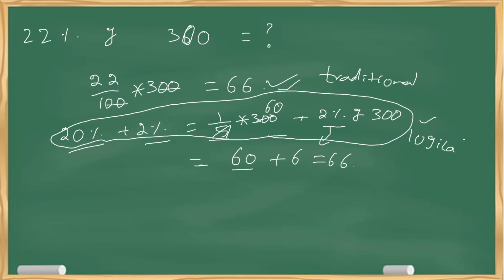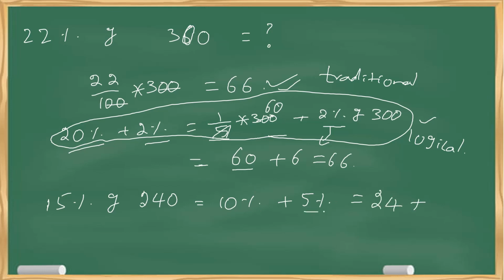Clear? Now a simple thing, 15 percentage of 240. So how to do this very easily? A simple first step, 10 percentage plus 5 percentage. What is 10 percentage? Dividing the same number by 10. So that is 24 plus.